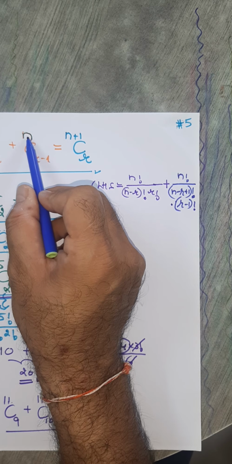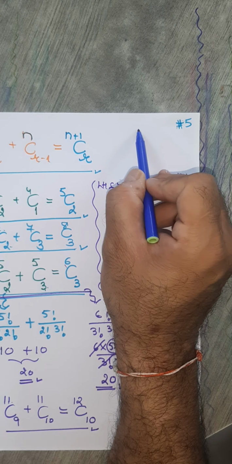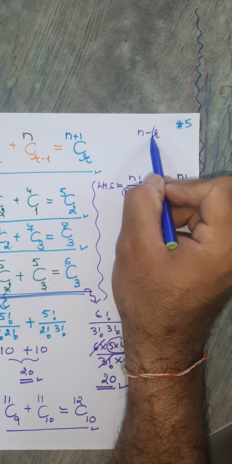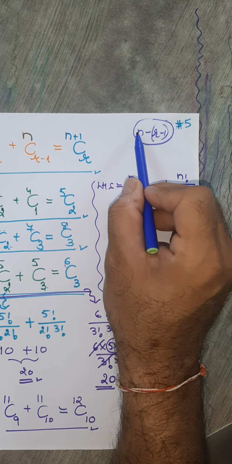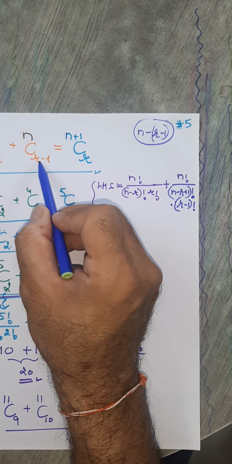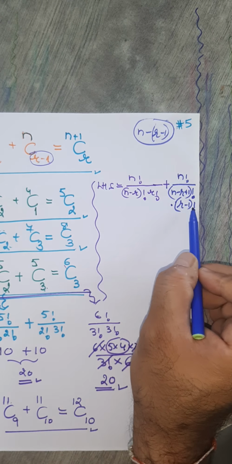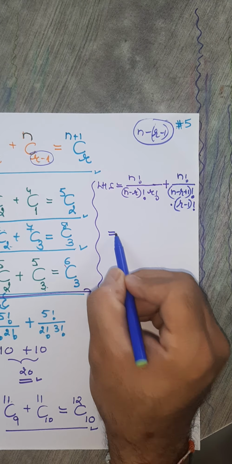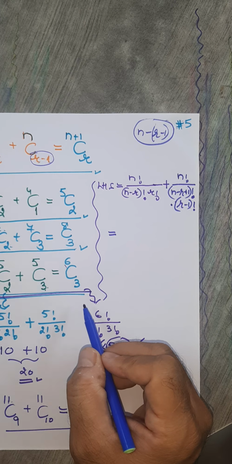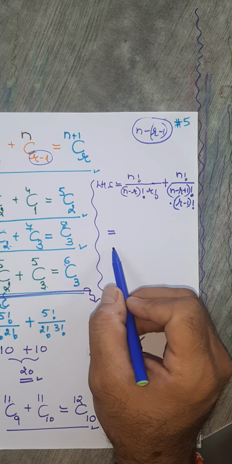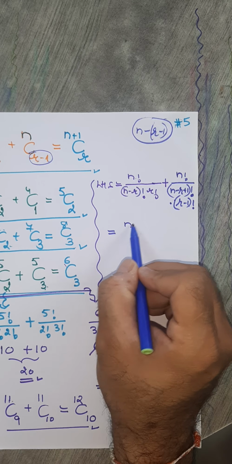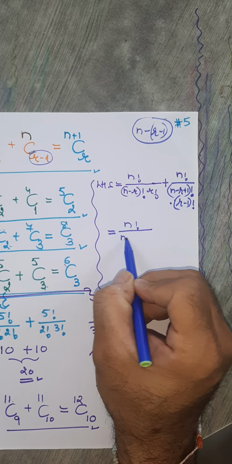What will be the formula? n factorial upon n minus r minus 1 inside the bracket. So if you open the bracket here, n minus r plus 1 factorial into this much, which is r factorial. Now this is equals to, see, first you can find n factorial common, that's one thing. Okay, so let me keep this one as it is.